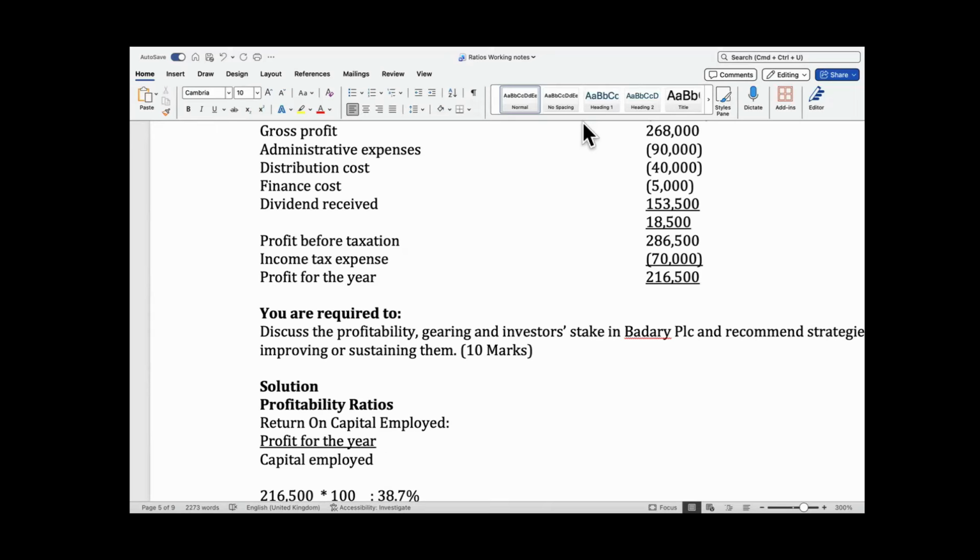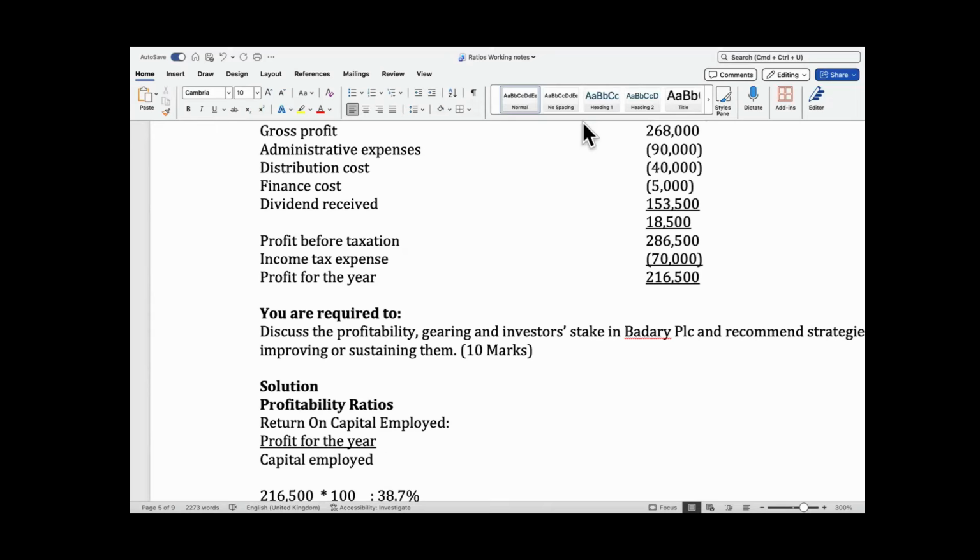if you are not given profit from operations, don't stress yourself computing all that. Just go ahead and use profit for the year. Just ensure that the capital employed you then use is equity. That one is very important.